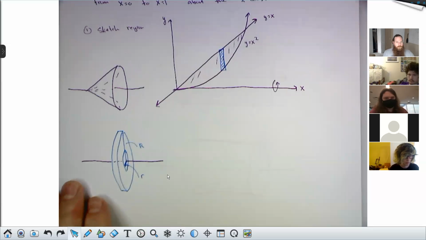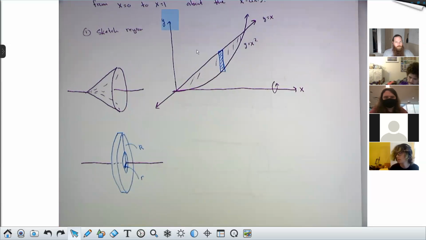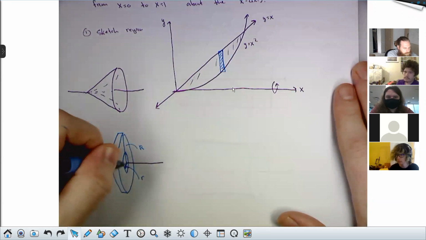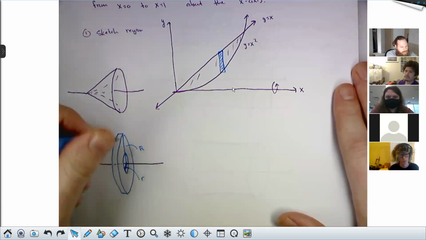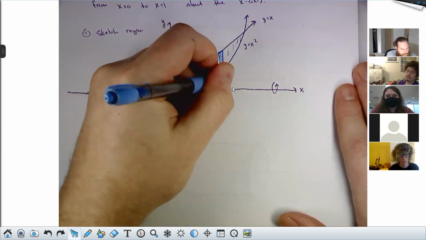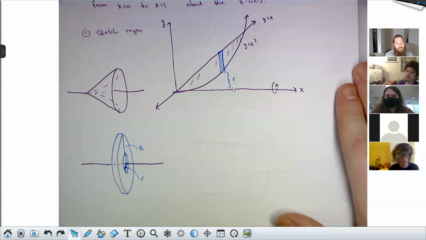And what we want to do is come back to the picture of our region. We always draw this nice and big so that we can label the distances in here that correspond to little r and big R. So little r is the distance from my axis of rotation to the start of my washer. So that's going to be this distance.